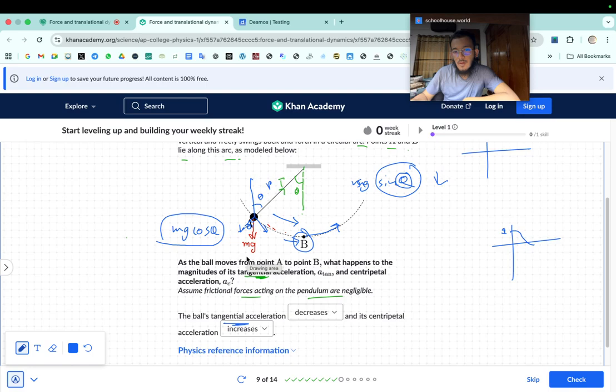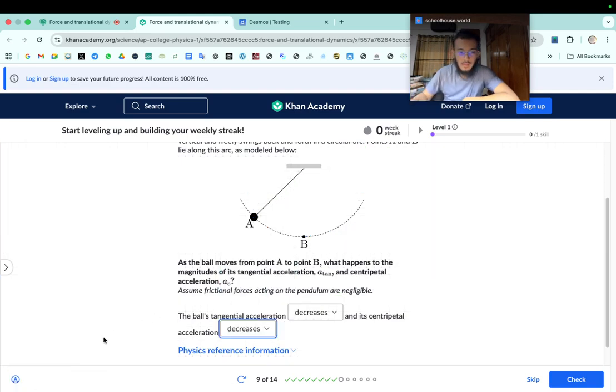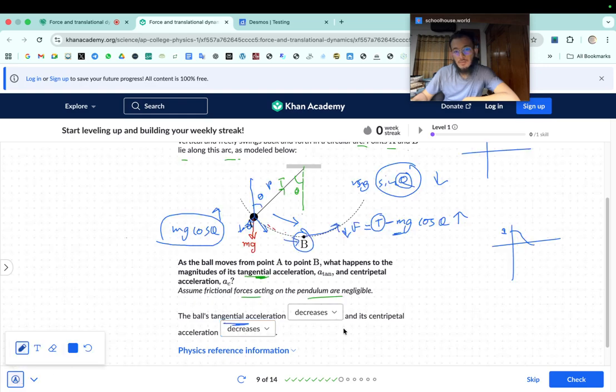But wait, cos theta increases, but the resultant force is T minus mg cos theta. So if cos theta increases, the resultant force would decrease because F equals T minus mg cos theta. So I think that both of them would decrease.